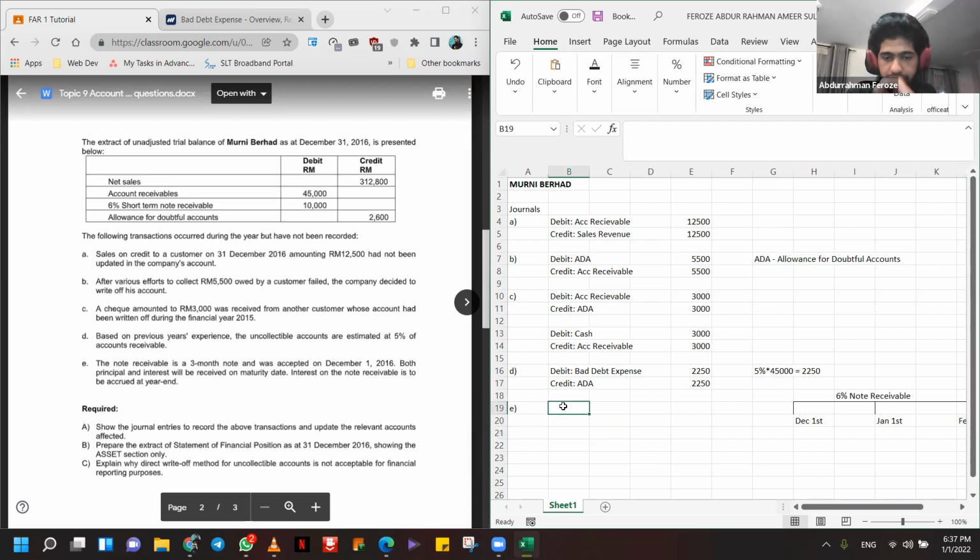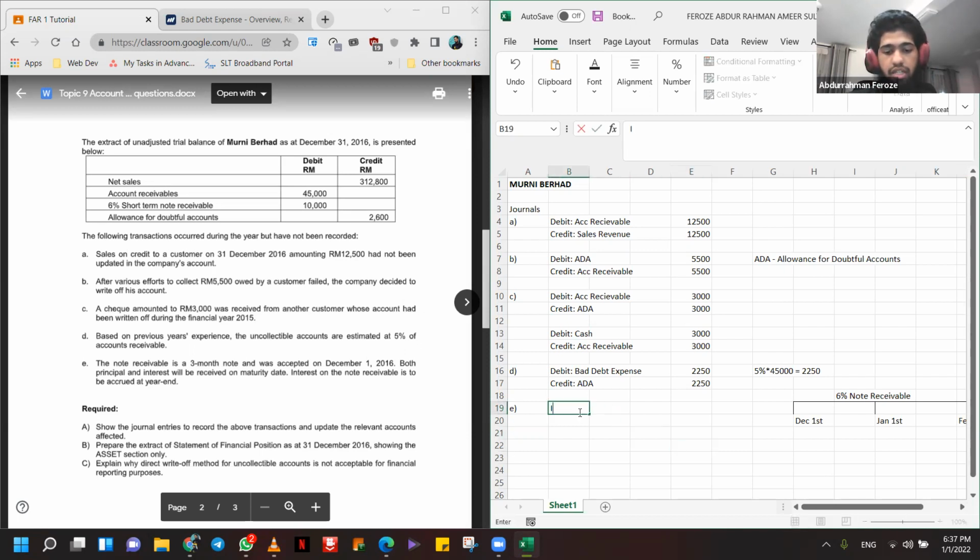So we need to look at this as an accrued revenue. As we had discussed before in the adjustments class, accrued revenue is an asset. Accrued revenue is basically like accounts receivable.